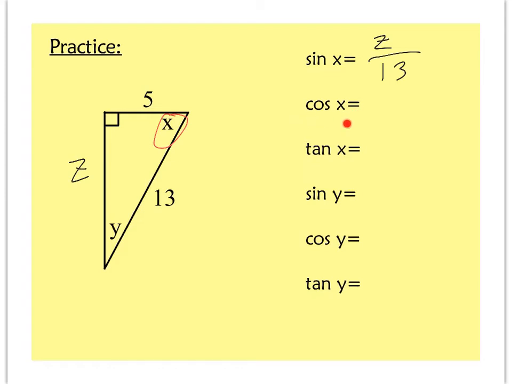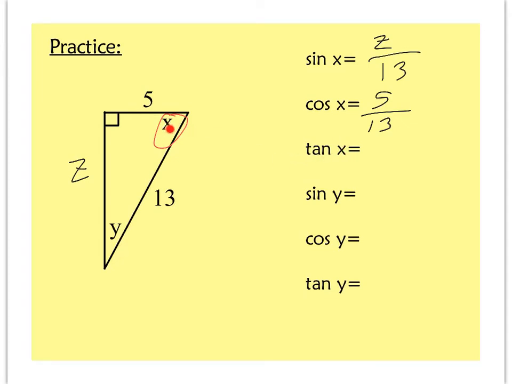Cosine x. Alright? So x, again, telling us reference angle. We're talking about the angle x there. Caught another hippie, C-A-H. Adjacent over hypotenuse. So I'm using the adjacent side, which I have. It's 5. Over the hypotenuse, which did not change, which is 13. Alright. Tangent of angle x. So again, x is my reference angle.